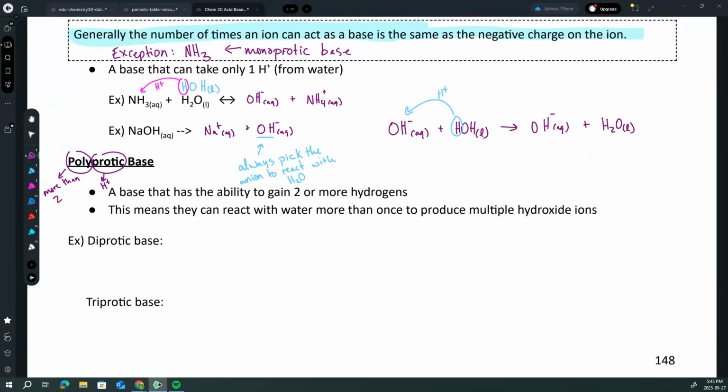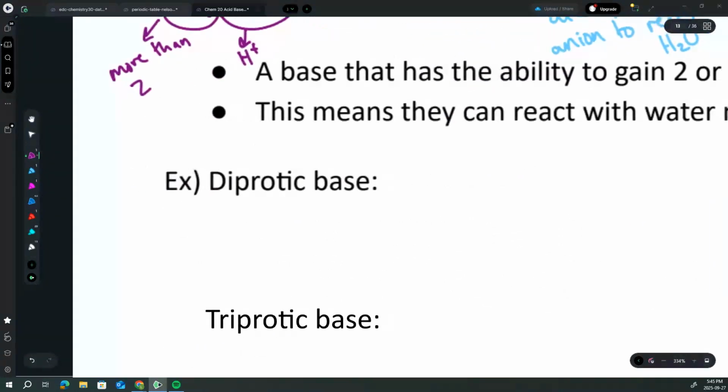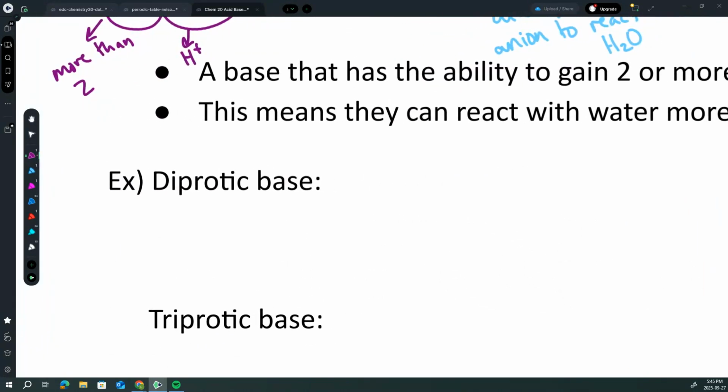Okay, so what this means is that they can react with water more than once to produce multiple hydroxide ions. So with a diprotic base, what that means is it's going to accept 2 H plus ions, or 2 protons.